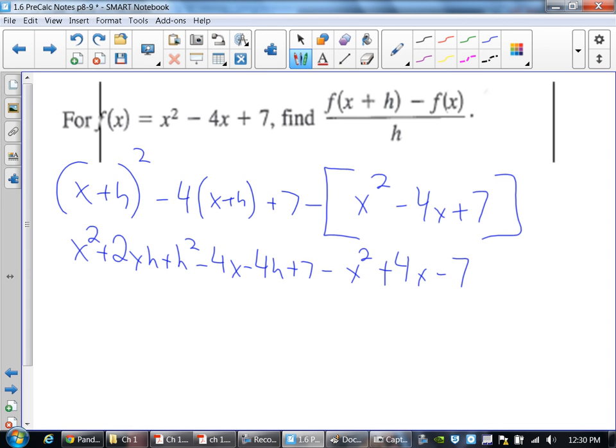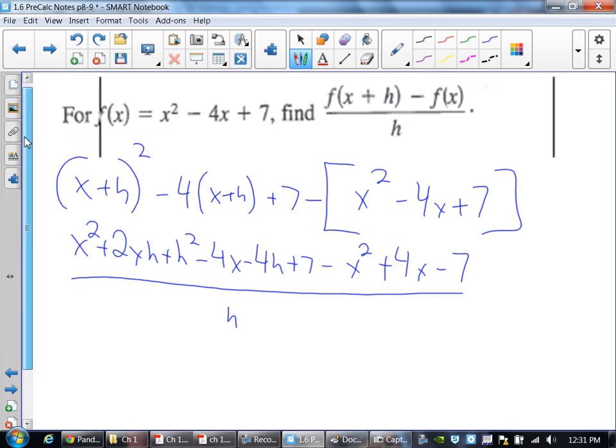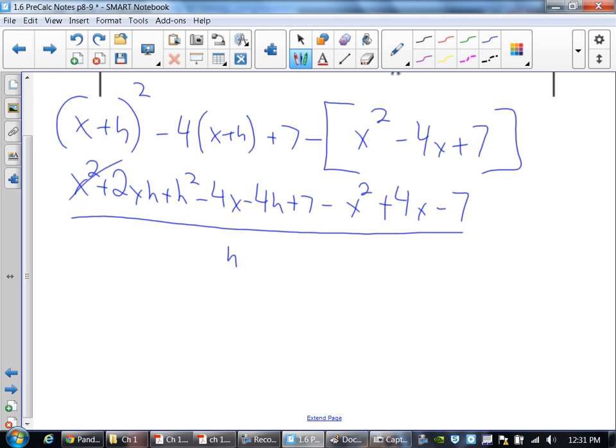And what am I dividing this whole thing by? h. Now it's just combining like terms. It's a matter of combining all your like terms. We do that, the x squareds go away, the 7s go away, the 4x goes away, and I'm left with 2xh plus h squared minus 4h all over h.